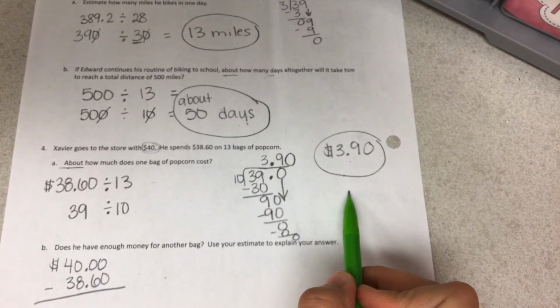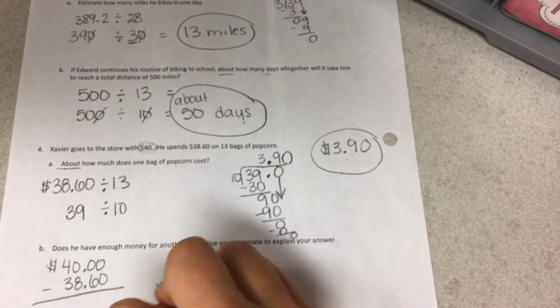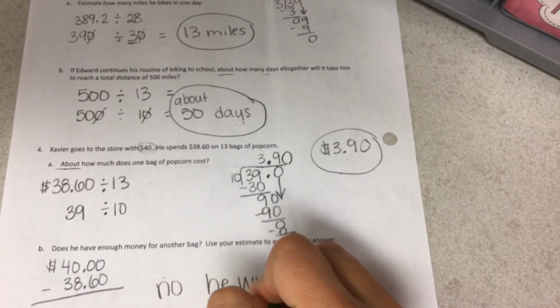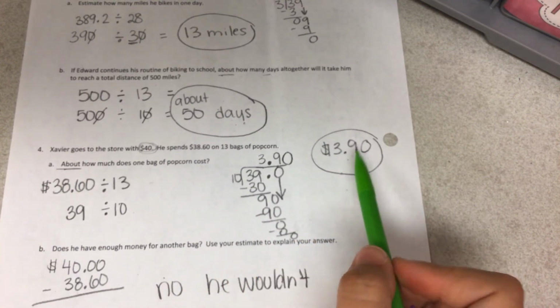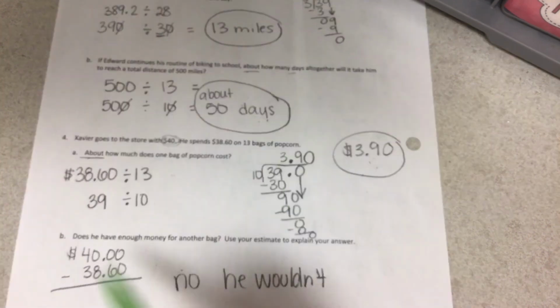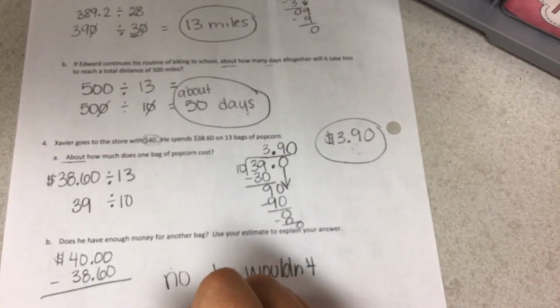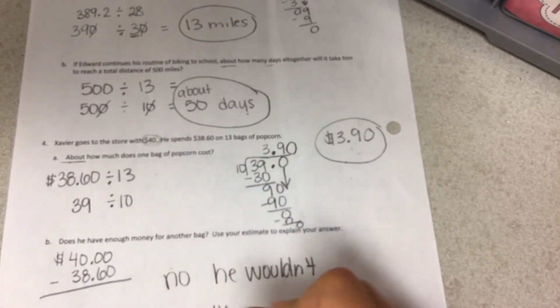Would he have enough to go buy another bag of popcorn? No, he wouldn't. Because if the bag of popcorn truly does cost $3.90, he only has $1.40 left and change.